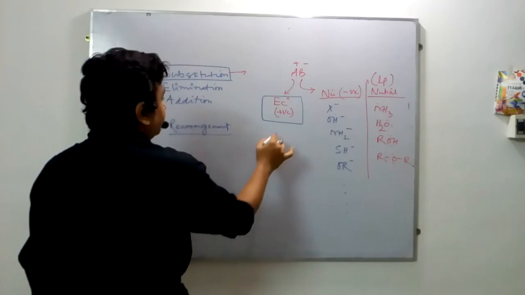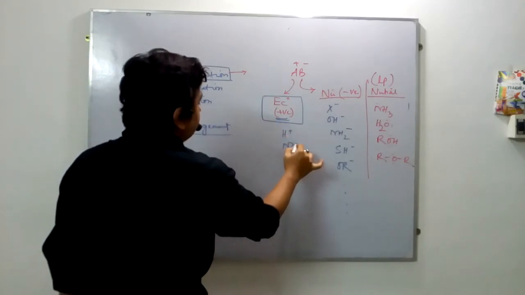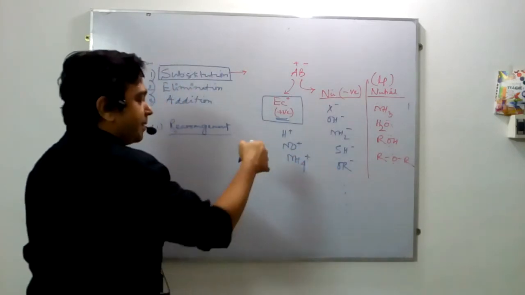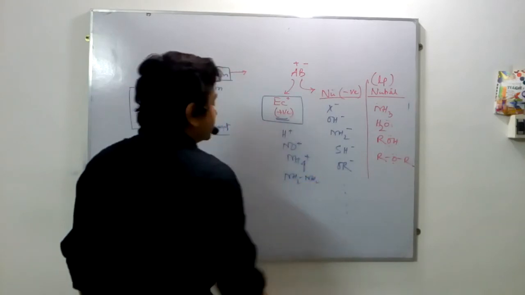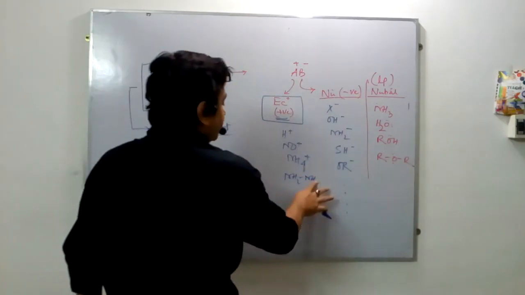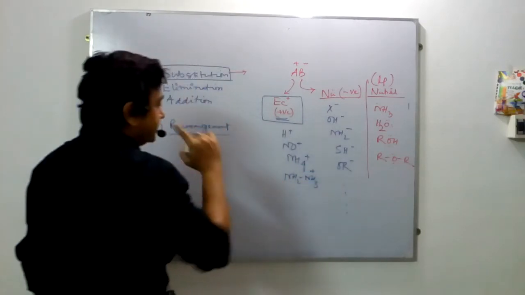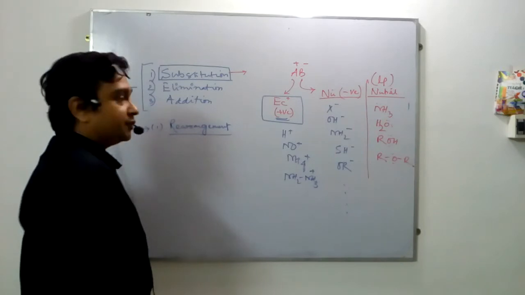So positive charge means H plus, general examples NO plus, NH4 plus, ammonium. NH3 is known as ammonia; if another extra hydrogen is put over there, then it is known as ammonium. Likewise, these are all positive electrophiles.